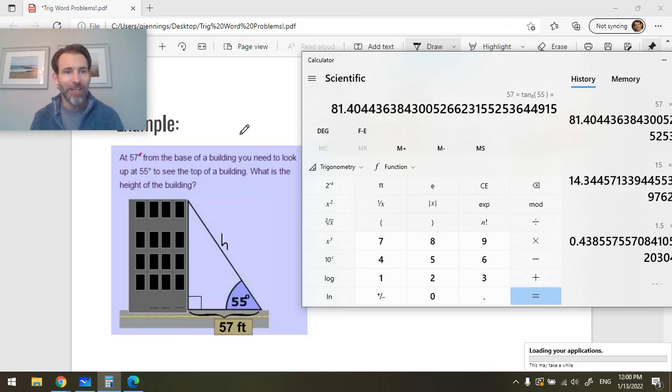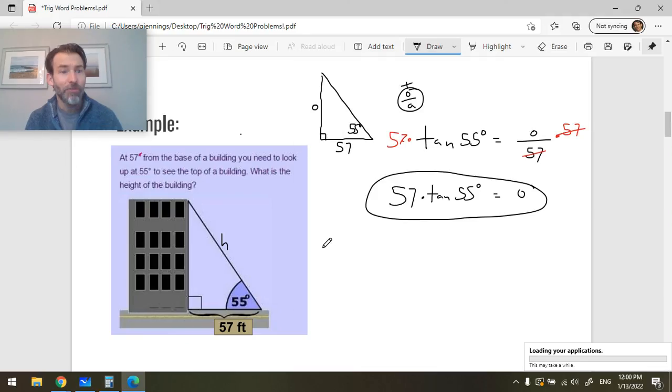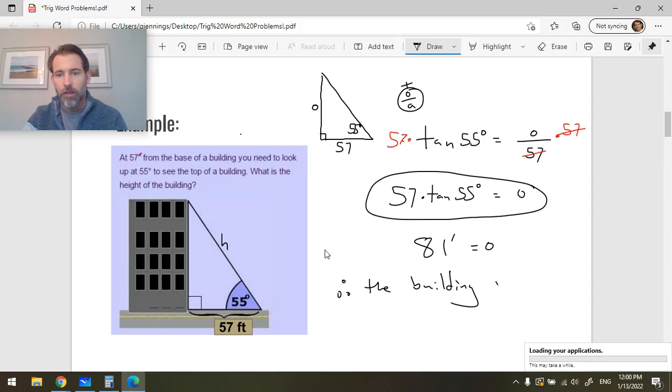I was a little low, but next time maybe I'll guess even closer. So that's great. This is 81 feet equals the opposite. So therefore, the building is 81 feet tall.